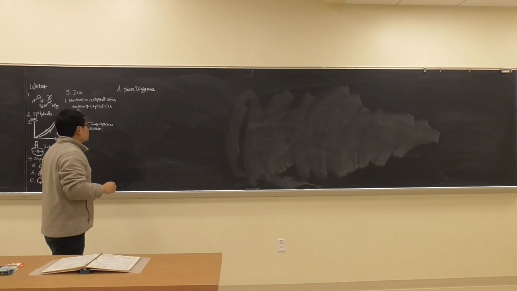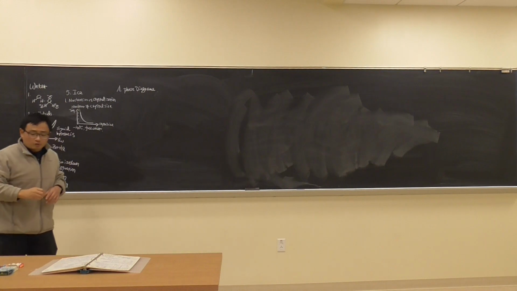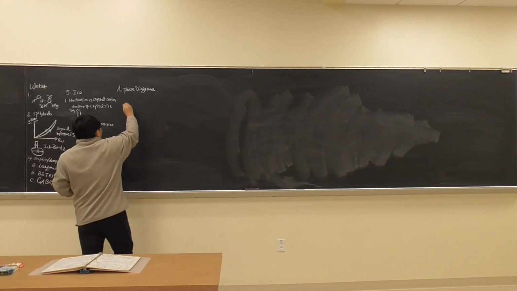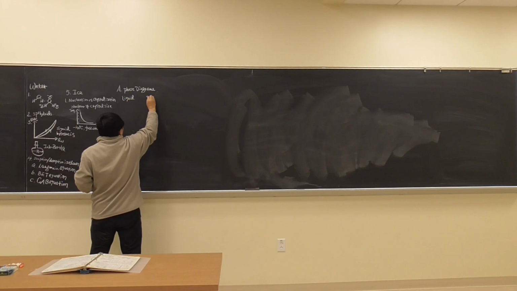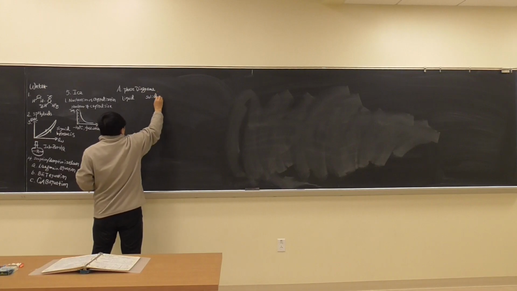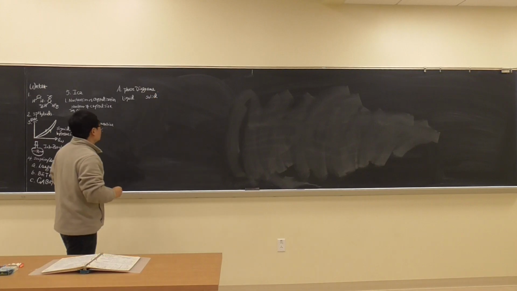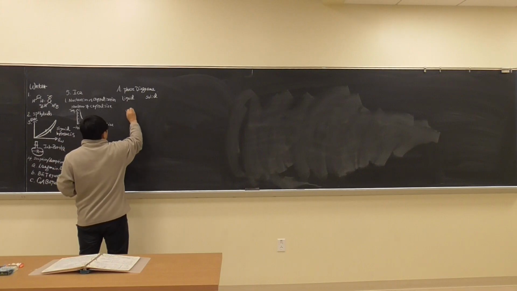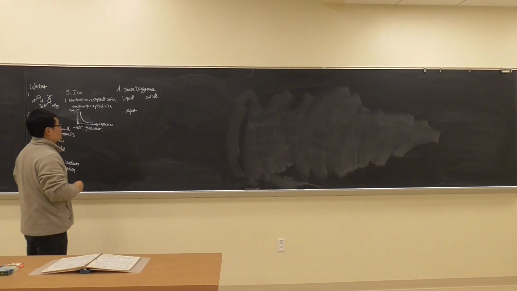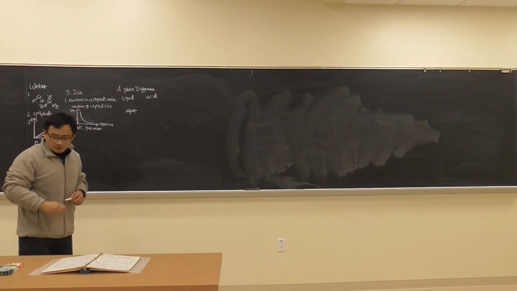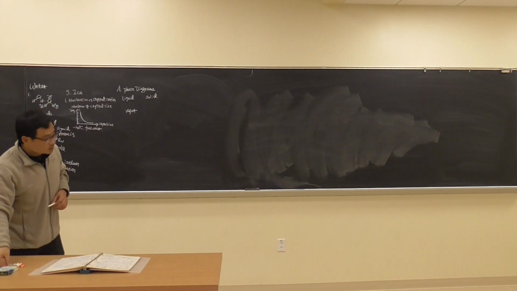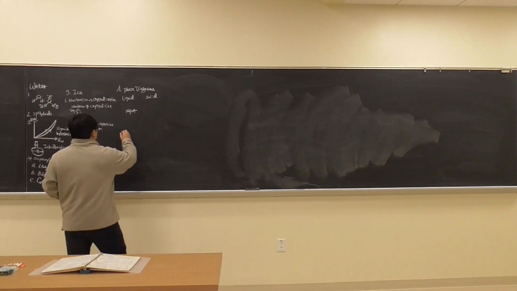So we know there are three states of water: liquid, which could become solid, and the liquid could also directly become vapor, and also the solid, like ice, could directly become vapor. So therefore, it comes out as a very important curve in chemistry.